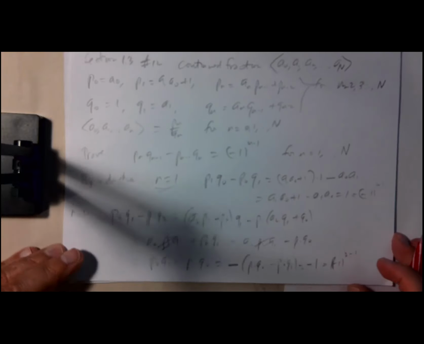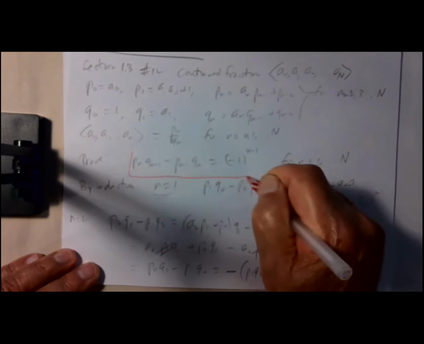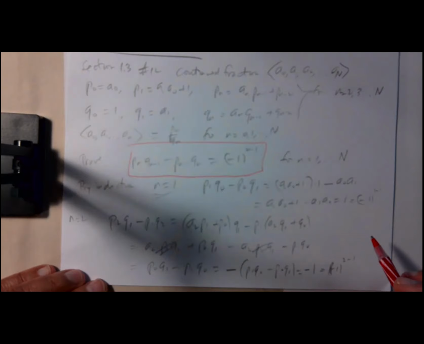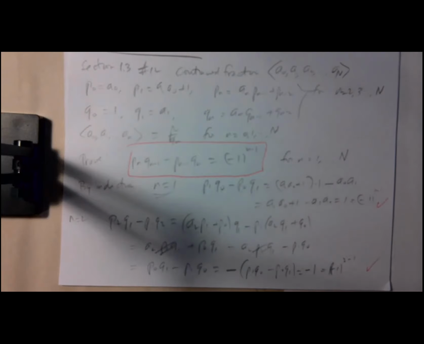So this is minus 1, which is minus 1 to the first power, which is n minus 1 for n equal 2. So this is the statement I want to prove. And here I prove this true for n equal 1. And here I prove this true for n equal 2.